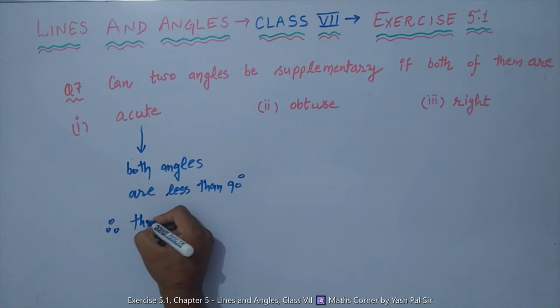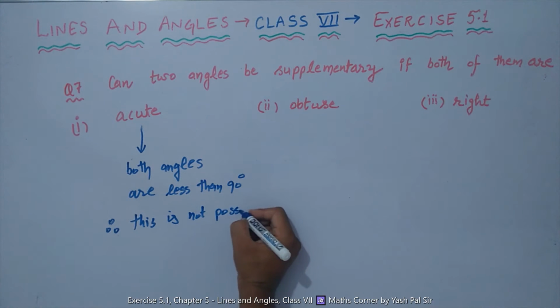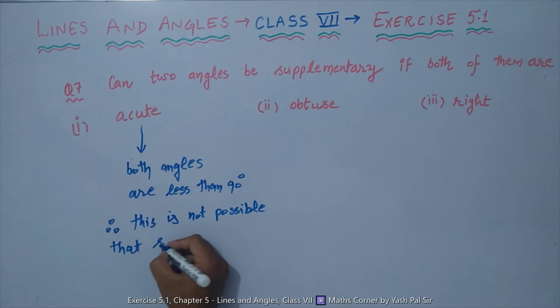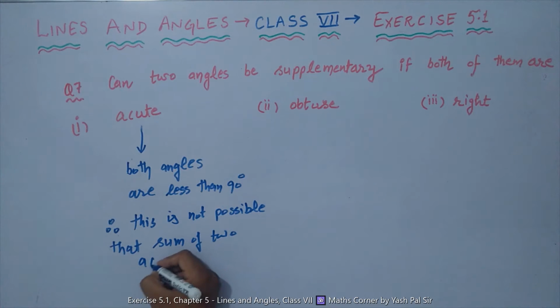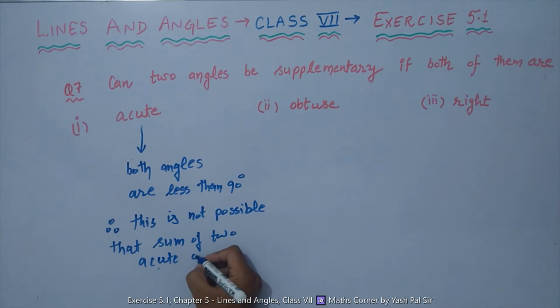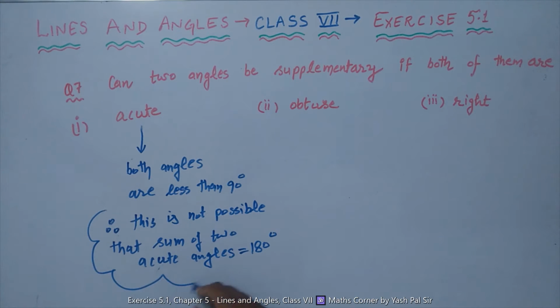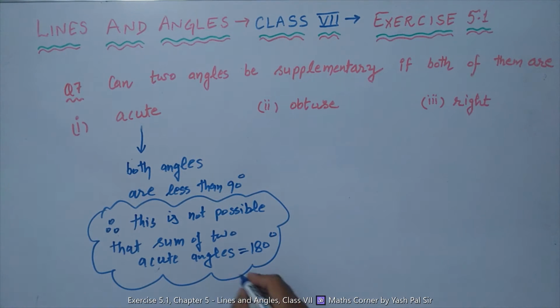So this is not possible, that the sum of two acute angles equals 180 degrees. Because the sum of two acute angles cannot be equal to 180 degrees, it will always be less than 180 degrees.